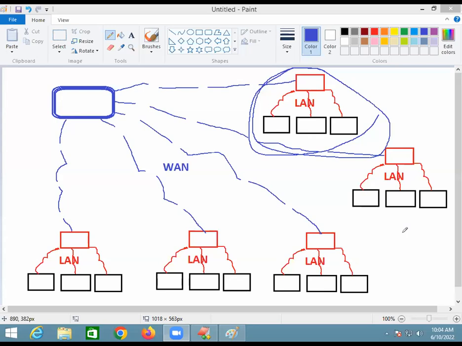This side boys. 5. Madams. 5. Total we have 6.